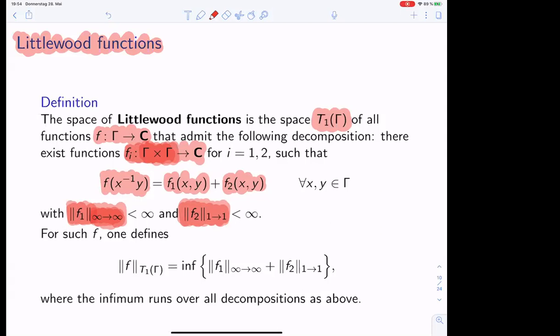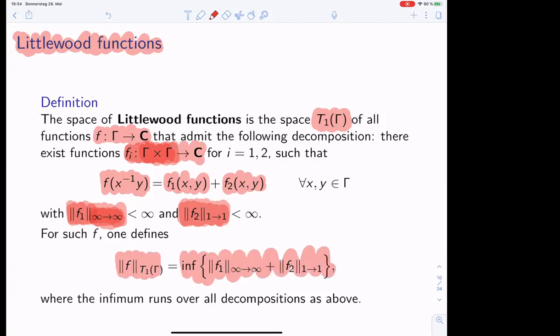So now it's related to row and column operator spaces. Exactly. Okay, but this is the Littlewood inequality, and T2 is important, and then it gives you completely bounded multipliers of the Fourier algebra. Okay. Thank you.